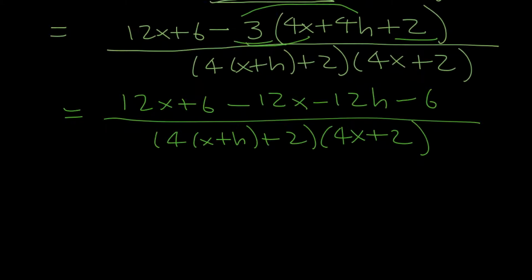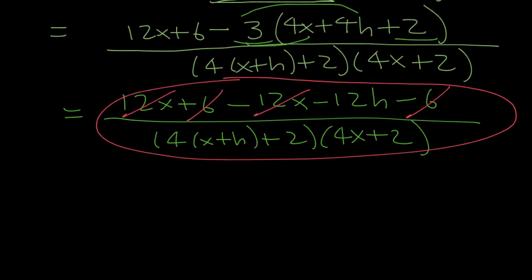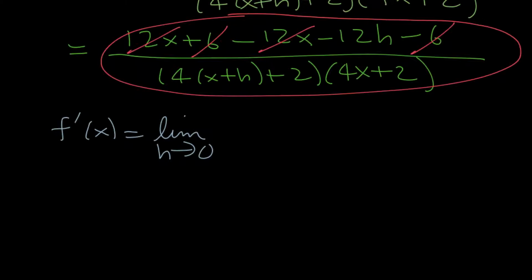So we can do some canceling here. The 12x's cancel, the 6's cancel, and we're left with minus 12h over our common denominator. So we'll stop again, give you a chance to put this into the numerator of the definition of the derivative and see what you get.